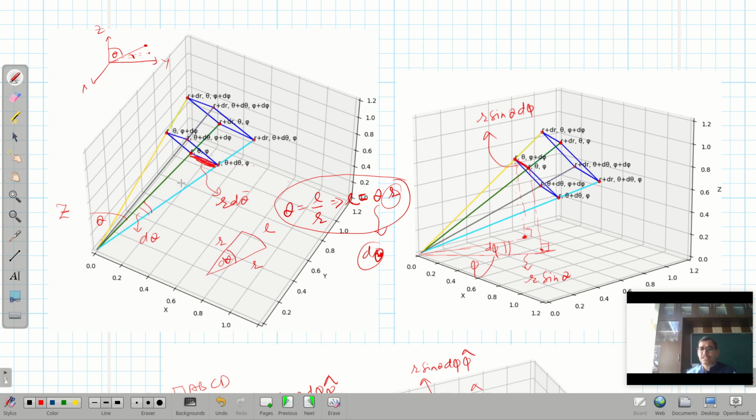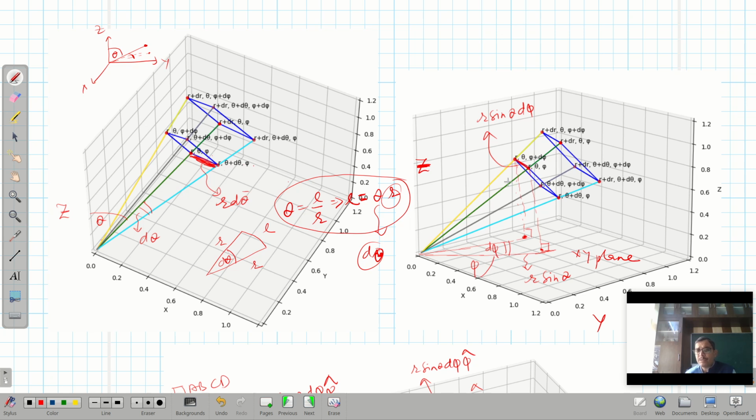And let us try to look at the other part. Say it is the x-axis, it is the y-axis, and the z-axis is this one. So when I draw a perpendicular from this point r, theta, phi onto the xy plane, this is making an angle phi with the x-axis.